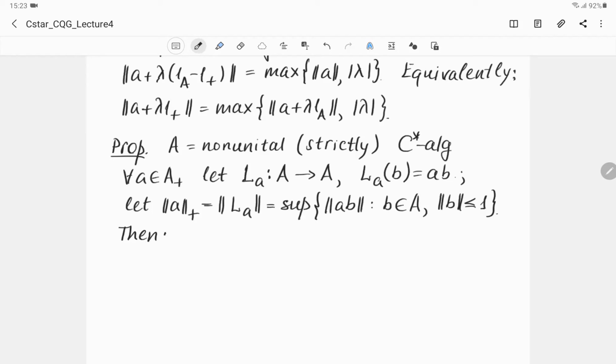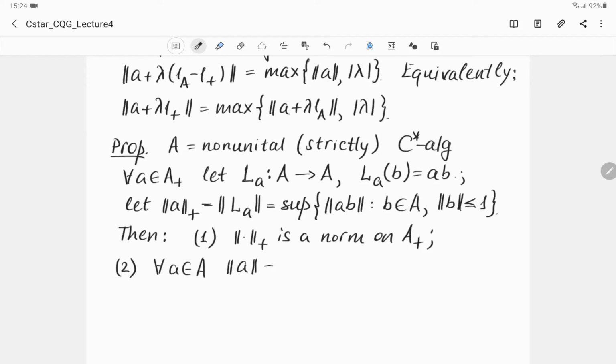Then I claim that, first of all, this is indeed a norm on A plus. Second, this norm extends the original norm on A. So for each element in A, the old norm of A equals the new one.